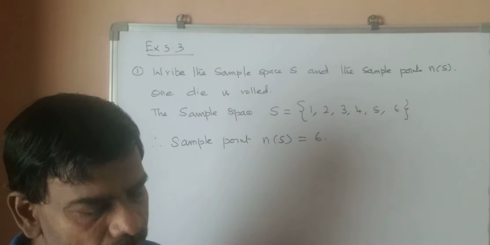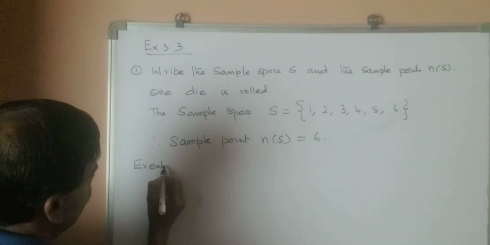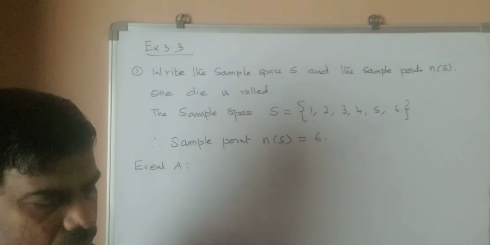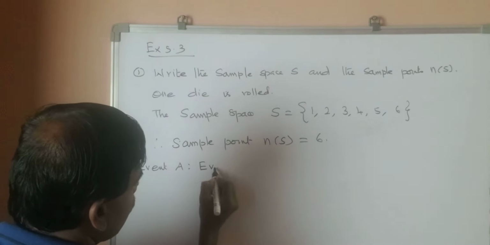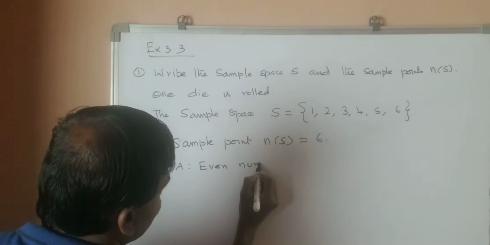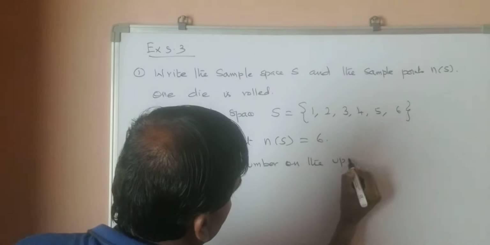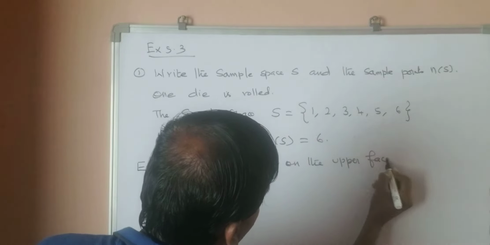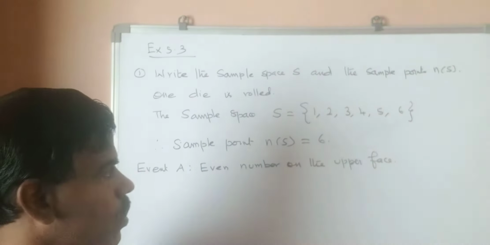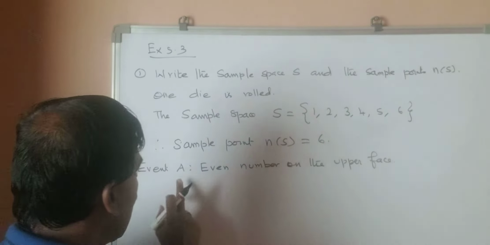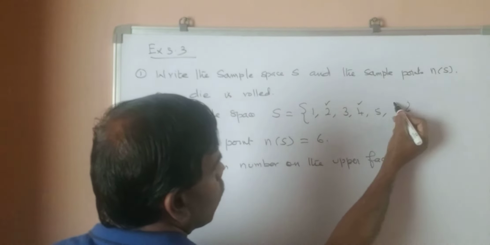Now, event A. Another question. Event A: even number on the upper face. That means what do they say? You want only even numbers. So those things you separate and give the name as A. So what are they? 2, 4, 6.